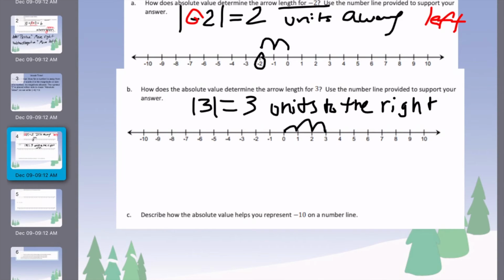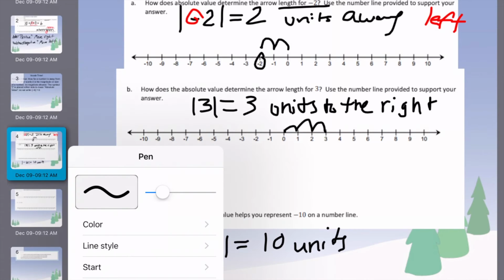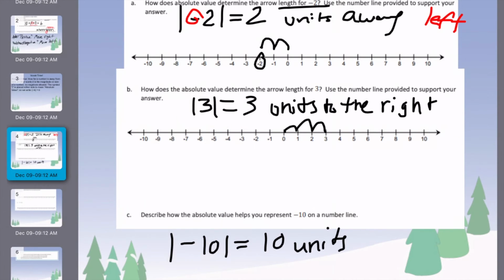Well, I could just take the absolute value of -10, and I know that it's going to be exactly 10 units. And I see that I have a negative sign again, so I know it's 10 units to the left from 0. Remember, this is always the distance away from 0.